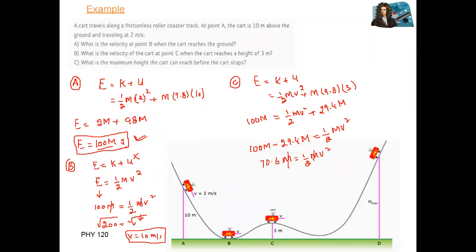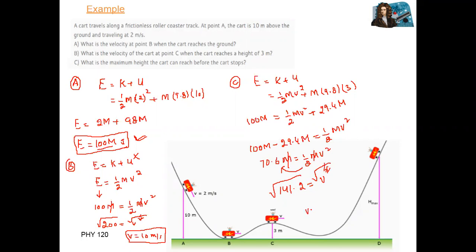Mass cancels with mass. We are dividing both sides by mass. 2 multiplied by 70.6 equal to what? 141.2. So 141.2 equal to v square. Taking the square root on both sides, you can find velocity.